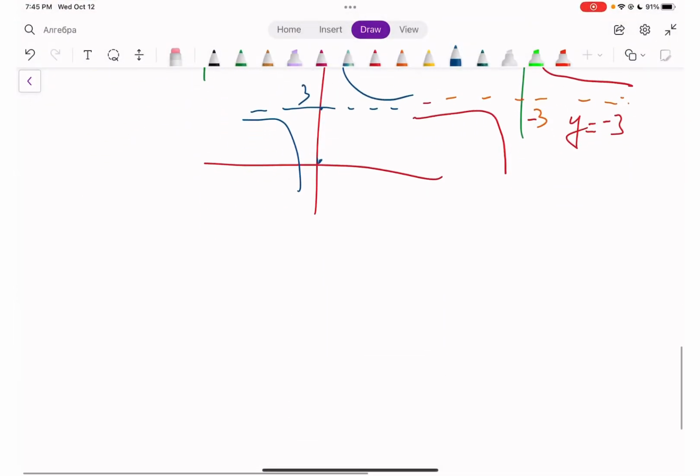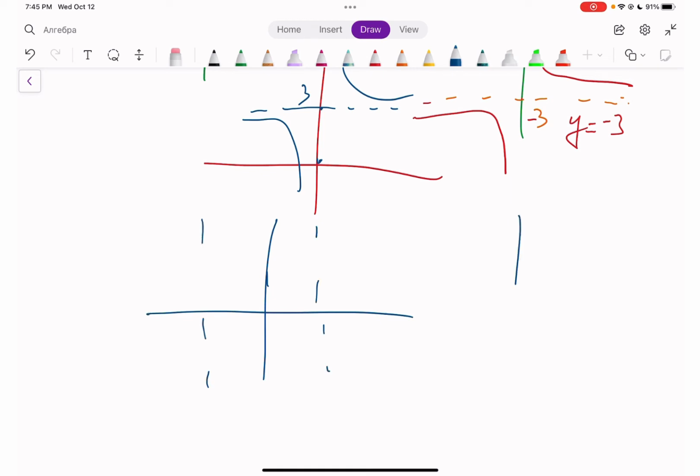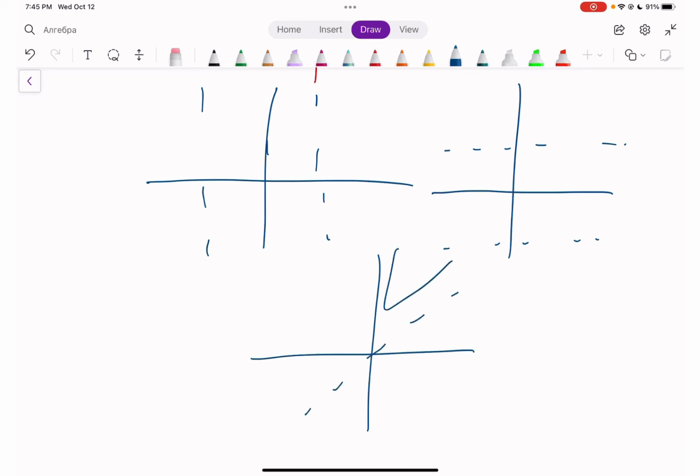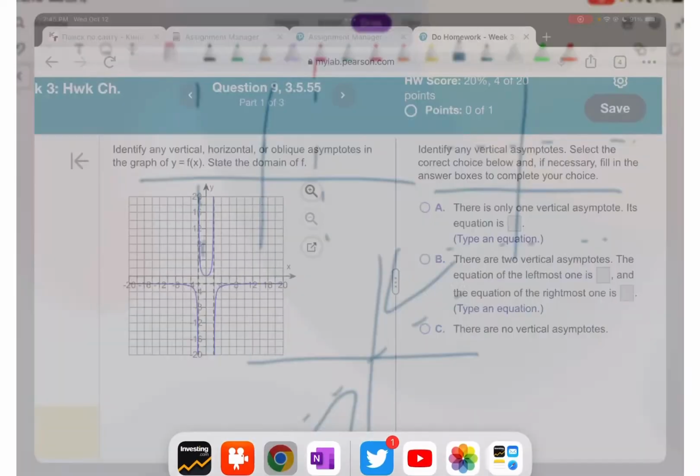Vertical we already learned, it's this one here. Horizontal is when the asymptote goes horizontally, this way. And oblique is when the asymptote goes like this, let's say, and the graph goes like this and this. Okay, so let's see what we have here.